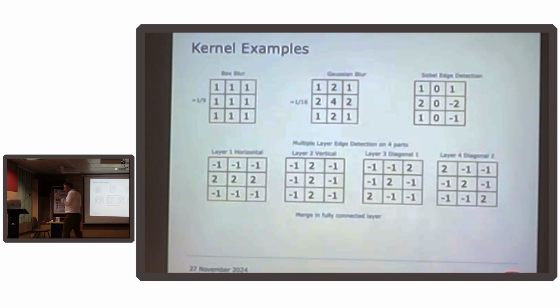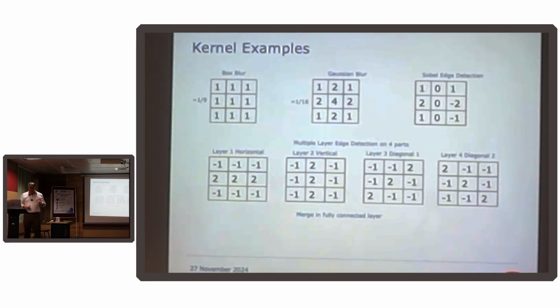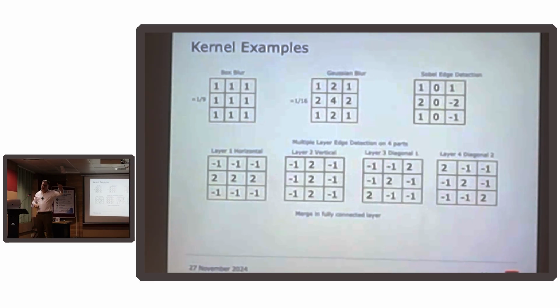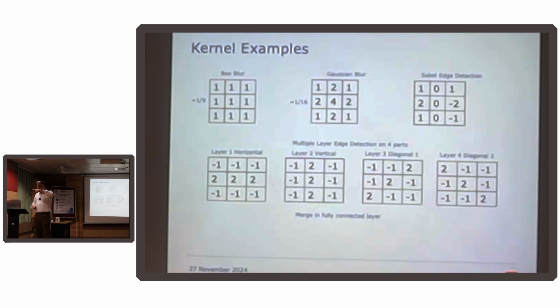So you're using one matrix to detect edges. But you can apply several to the matrix in parallel. You could have layer 1, which is a horizontal line detector. So that's reinforcing horizontal lines. Everything else is played down.